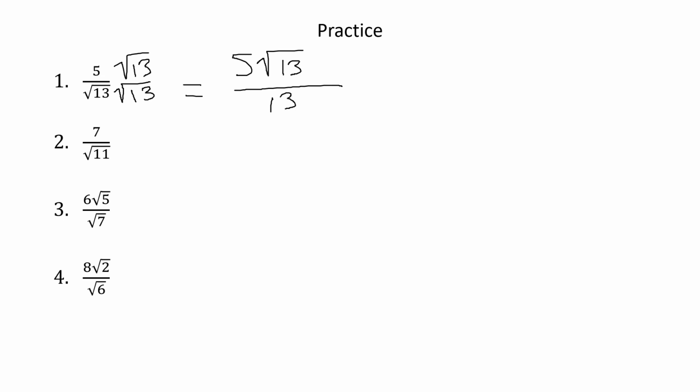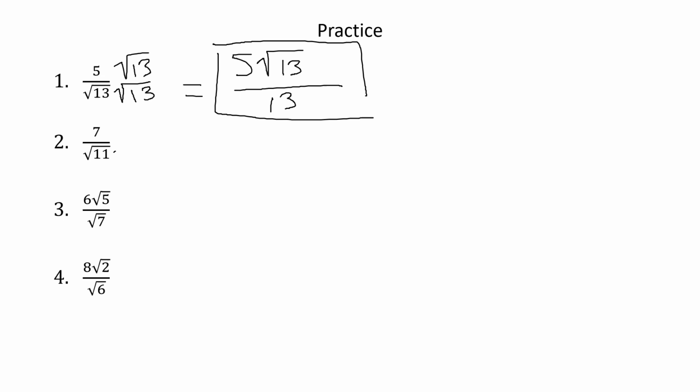And if I pull the fraction part out and just look at this, 5 over 13 cannot simplify. They're both prime numbers, so I can't simplify this. So for this problem, 5 square root of 13 over 13 is the answer. All right, do number 2.